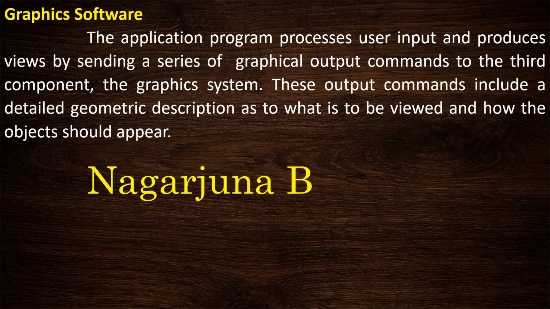That means we will be providing certain values by using an input device. Those things, along with the conversion done by the application program using the application model, will be included, producing views by sending a series of geometrical output commands to the graphic system.